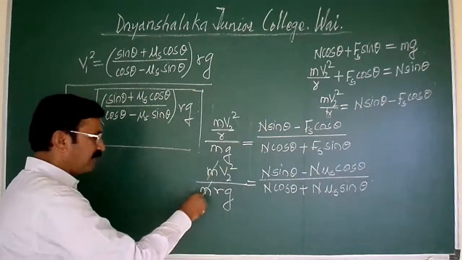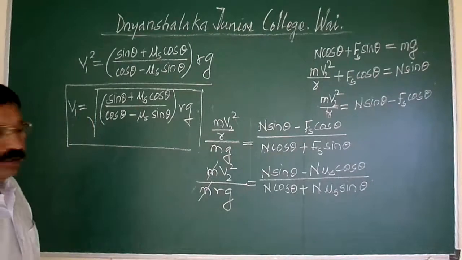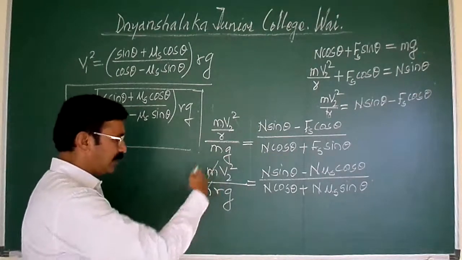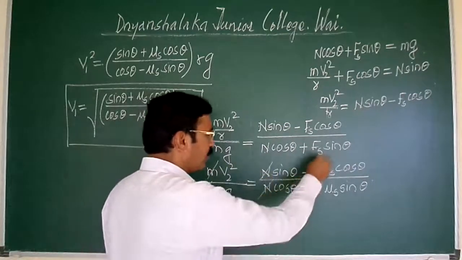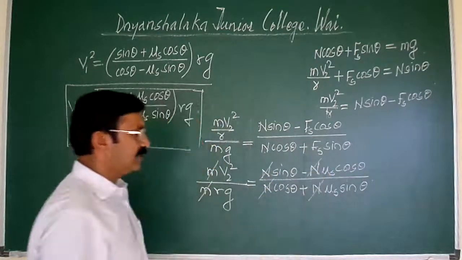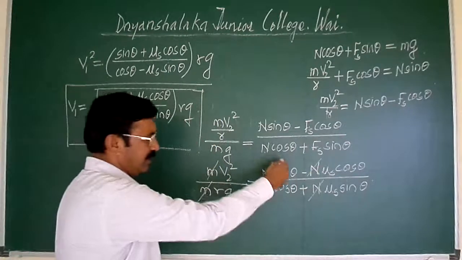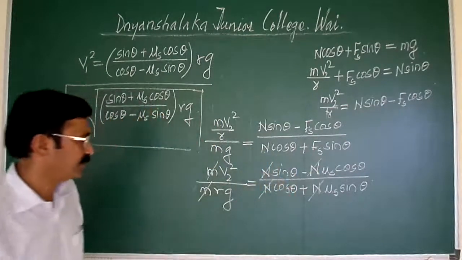So m will get cancelled from numerator and denominator on the left hand side, and if we take n common, we can cancel it from numerator and denominator of the right hand side.